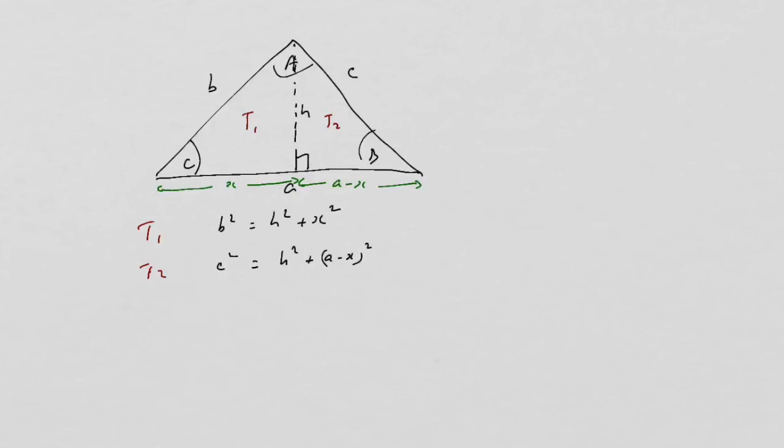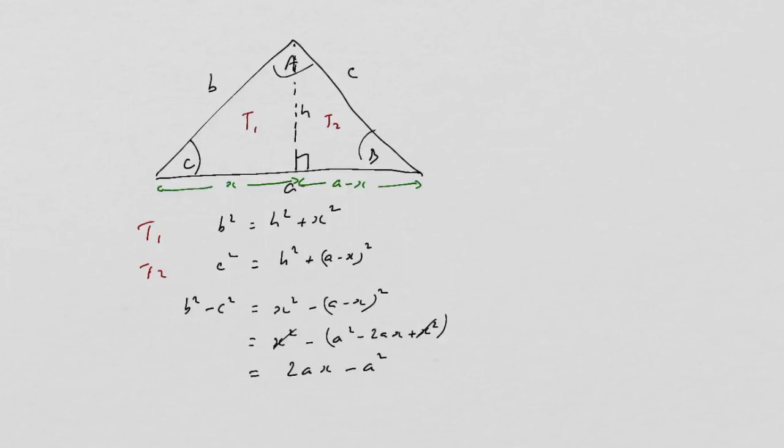Okay, now we can subtract those two equations to get rid of h. So we have b squared minus c squared equals x squared minus (a minus x) squared. Now the right-hand side we can multiply the square out, and then we see that the x squareds cancel and we're left with 2ax minus a squared.